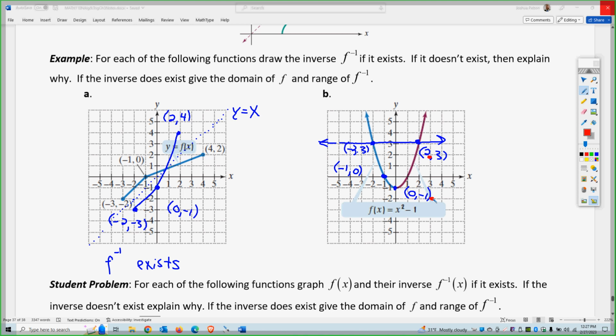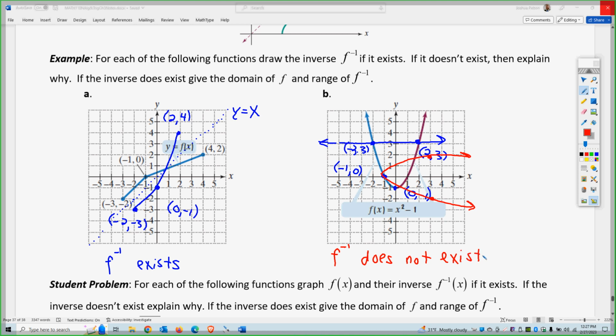If I flip the values, I would get a graph that looks like this, and that graph clearly doesn't pass the vertical line test. So we doubly prove what we already knew, that the inverse function does not exist.